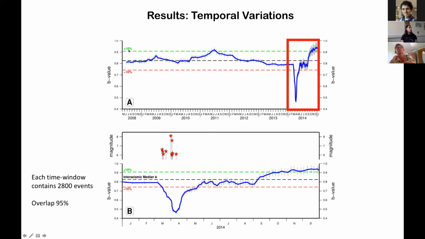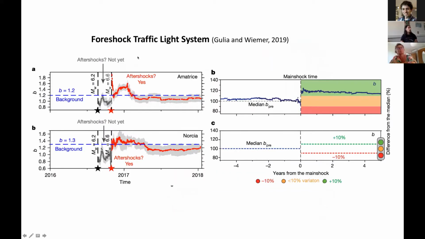So where does this come from? This comes from a foreshock traffic light system proposed by these authors. It's a recent paper, which proposed this three-color system as a monitoring system to differentiate basically between foreshocks and aftershocks.